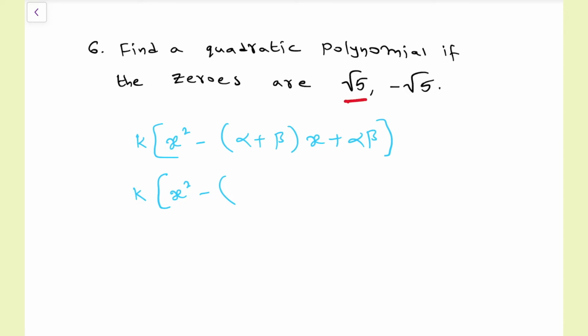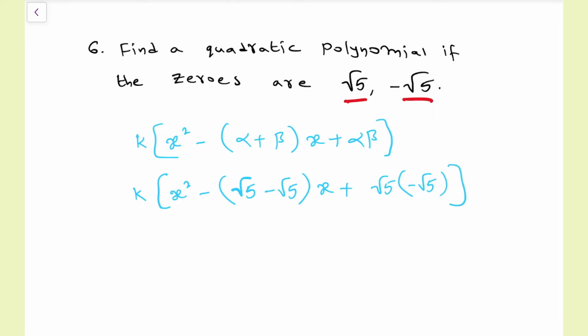The first zero or root is alpha and the second one we will take as beta. Of course, if you take it in reverse also, no problem, you will get the same answer. Now alpha is root 5 and beta is minus root 5. So k into x square minus (root 5 minus root 5) into x plus alpha into beta, root 5 into minus root 5.